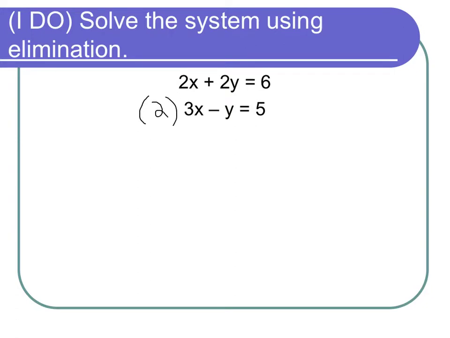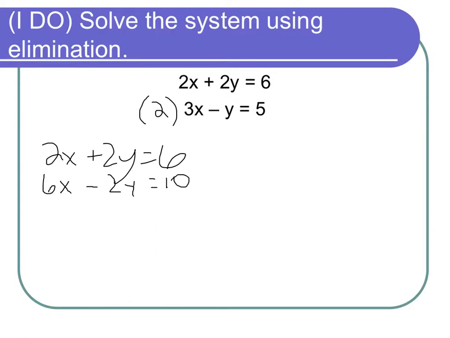If I do this, I have to multiply everything by 2. So I'm just going to rewrite the first equation over here, not changing this one. But the second one now becomes 6x, because I'm multiplying by 2, minus 2y is equal to 10. The reason I did this is to get this 2y right here.